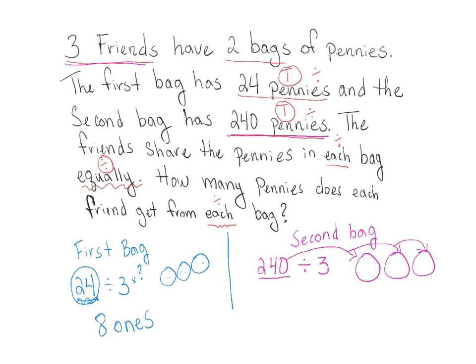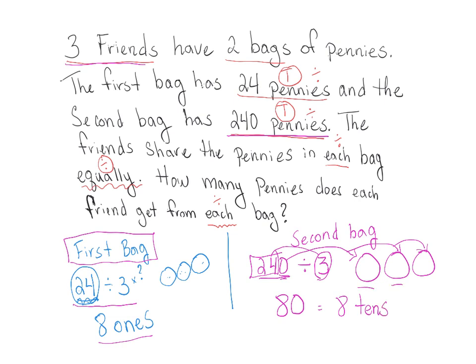Well, if we're able to solve the first bag, knowing that 24 divided by 3 is 8 ones, just use that fact. 3 goes into 24 eight times, and then there's your 0, 80, which is really just saying 8 tens. So there are 8 tens in each one of these groups. So each friend in the second bag is going to get 80 pennies or 8 tens.